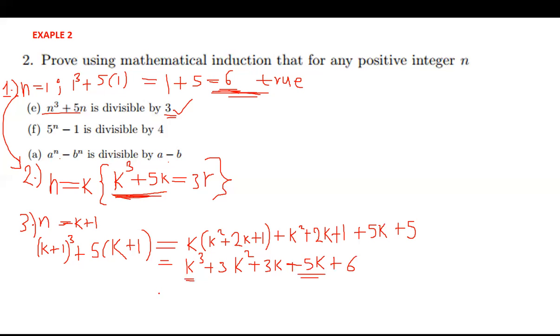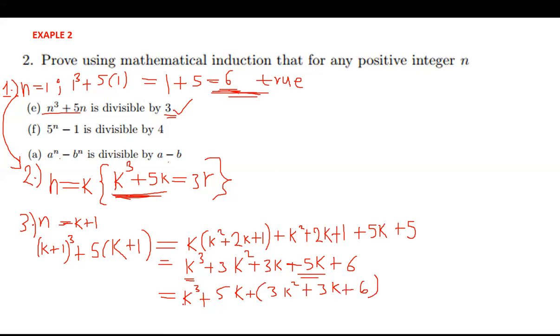So I'm going to have k to the power 3 plus 5k, and then I'll write the remaining things: plus 3k squared plus 3k plus 6.